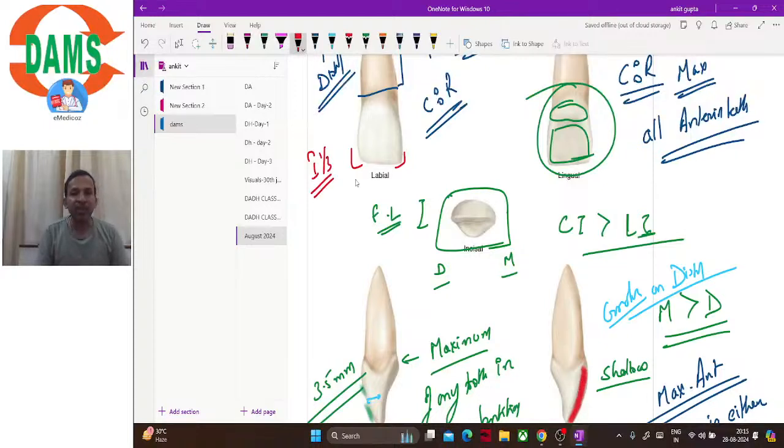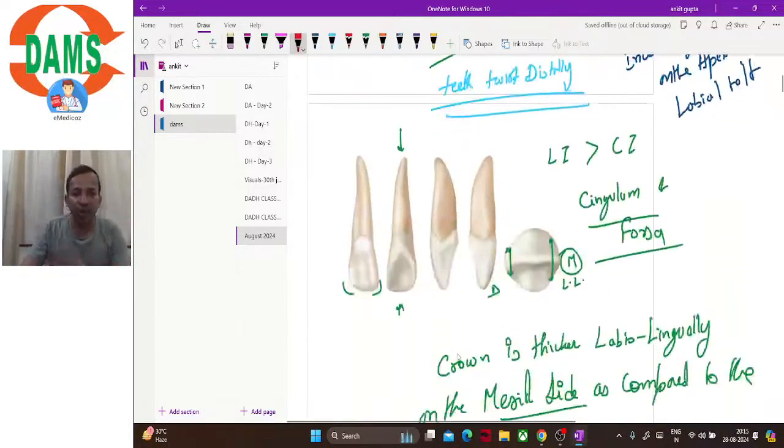The maximum convexity of this crown or the maximum dimension of this crown is in the incisal 1/3. But as we move backwards, this maximum convexity goes towards the cervical margin. So its position goes more apical as we move towards the lateral incisor to canine to premolars to molars, right?